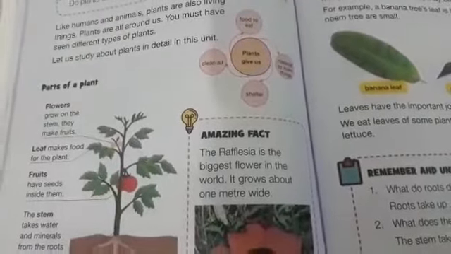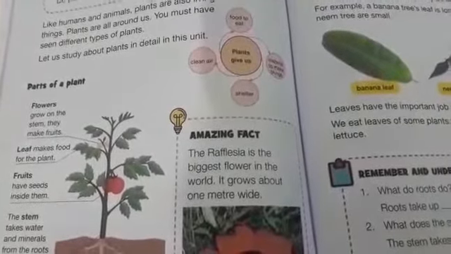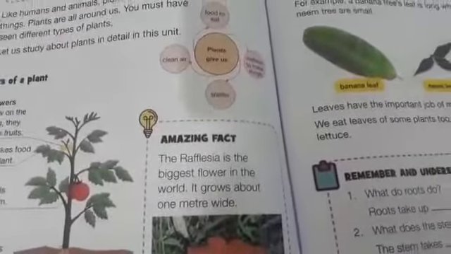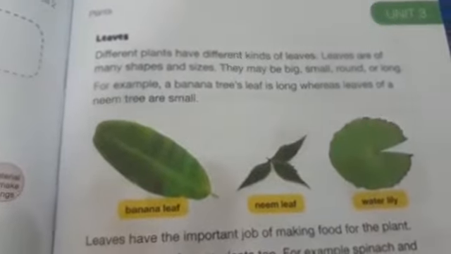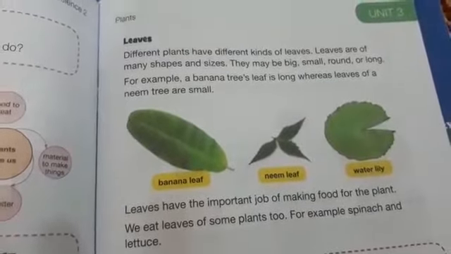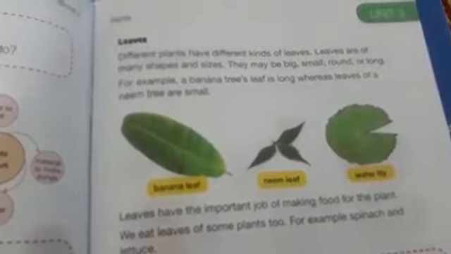Okay, we have done the complete understanding of the parts of the plant. So one by one we will discuss these parts. First of all, on page number 21, leaves. As you know, different plants have different kinds of leaves. Leaves are of many shapes and sizes.